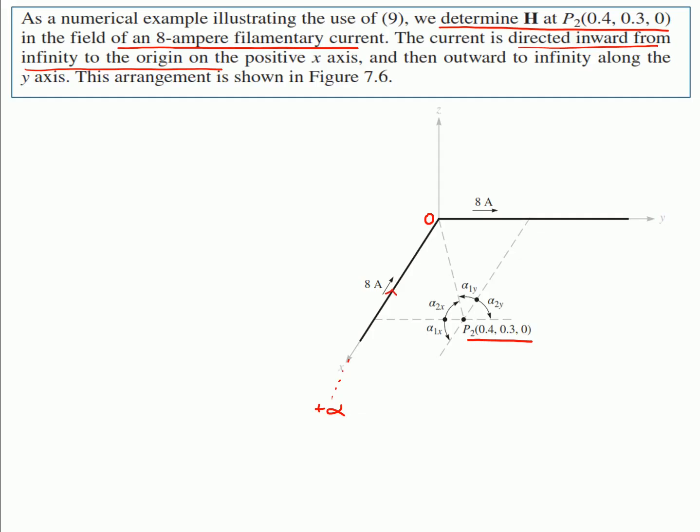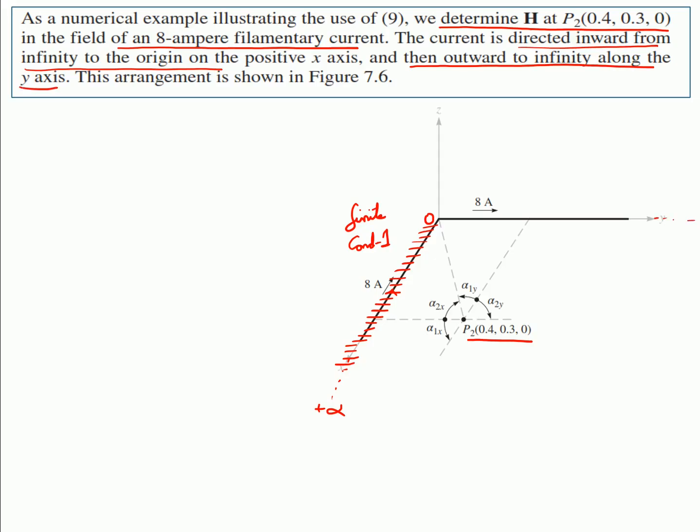So we can say that this portion is a finite conductor from positive infinity towards 0, conductor number 1. Then the second is that the current is now outward to infinity along the y-axis.